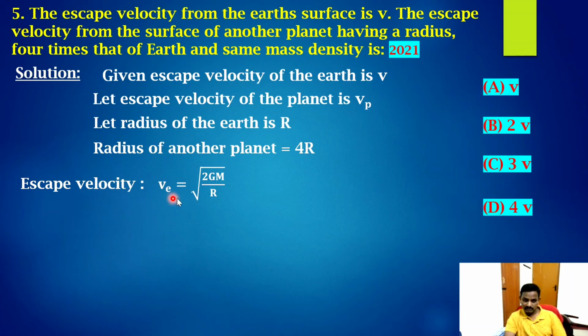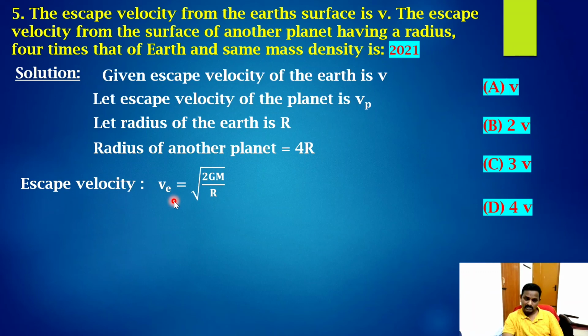that is escape velocity is equal to root over 2GM by R, where G means capital G, universal gravitational constant, M means mass of planet, and R means radius of the earth or radius of the planet.